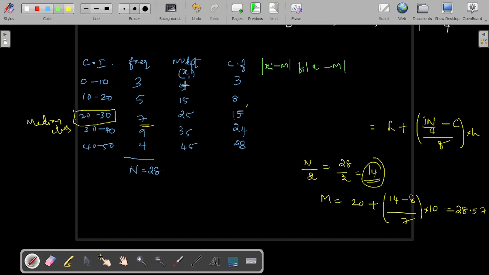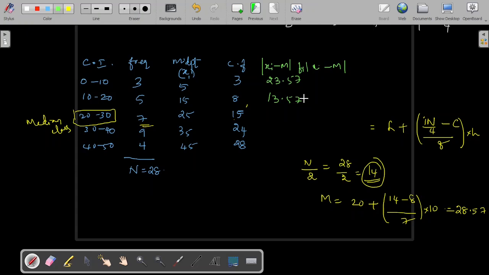So xi minus m means from each midpoint you have to subtract the median. So median value we got it as 28.57. So 5 minus 28.57. Though you get negative, make it as positive. So this gives you 23.57. Then next is 15 minus 28.57, which gives you 13.57.